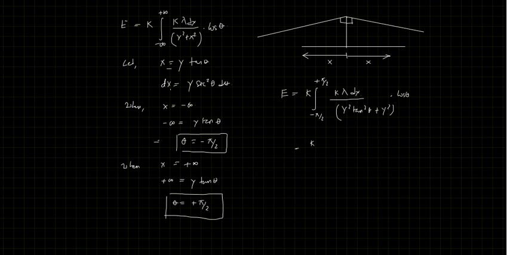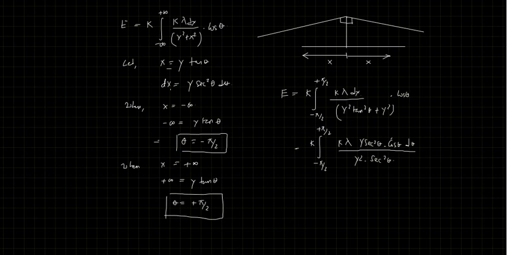So k, minus pi by 2 to plus pi by 2, then I write here k lambda y sec square theta, then there is a cos theta, then there will be this cos theta also, let it be there, cos theta d theta divided by, I can take y square common out, so tan square theta plus 1, that gives me again sec square theta, so this gives me y square sec square theta.